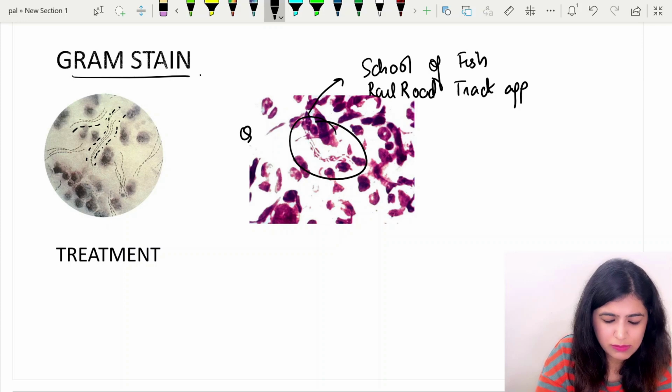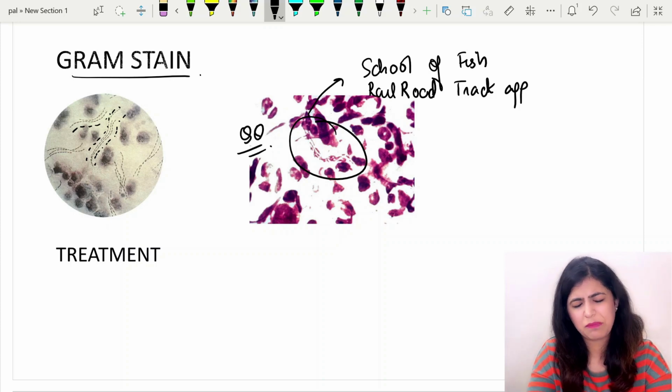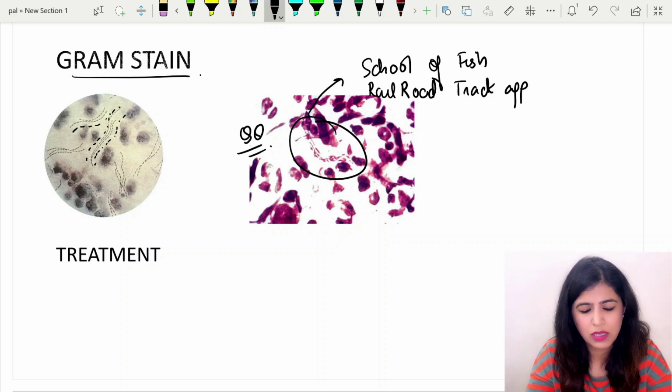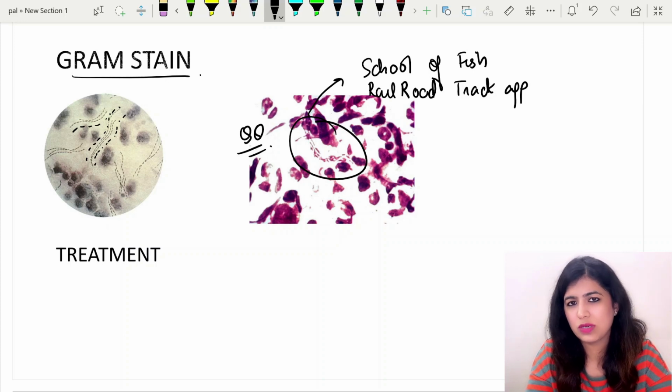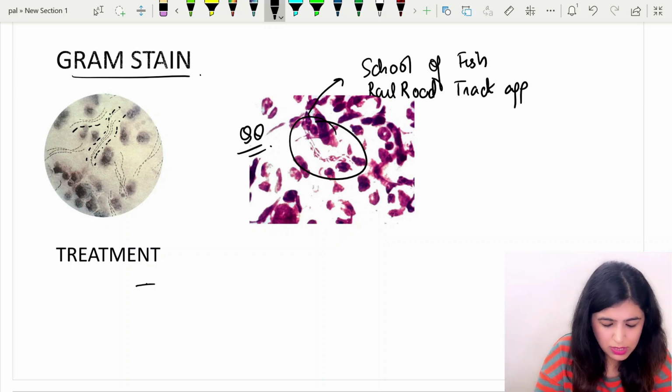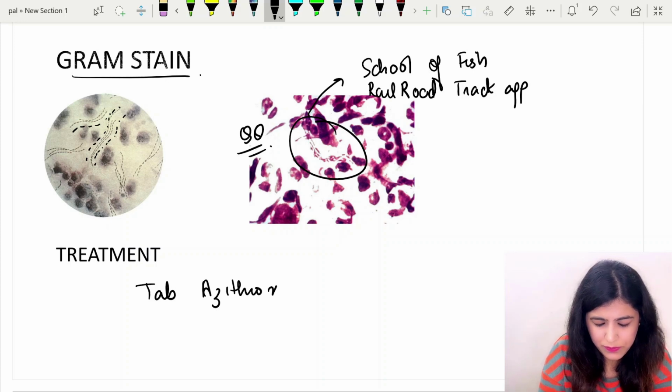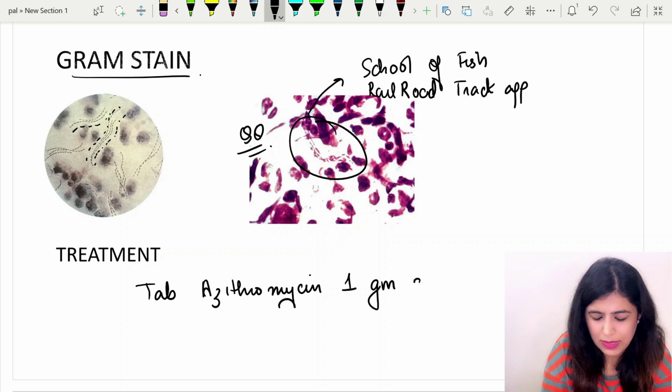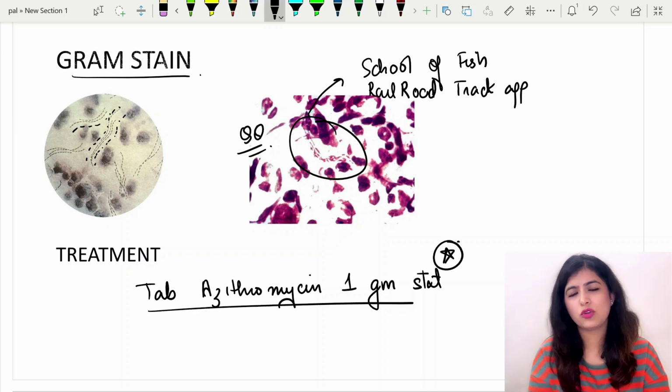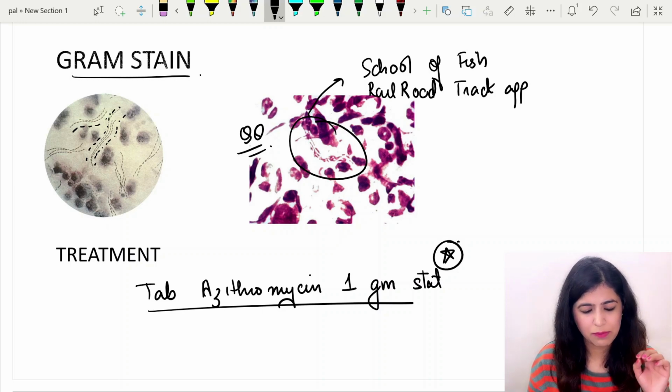In fact, this image has been asked in the AIIMS exam about 3 to 4 years back. So chancroid is also a repeat question. Treatment: tablet azithromycin 1 gram stat. So the treatment of choice is tablet azithromycin 1 gram stat.